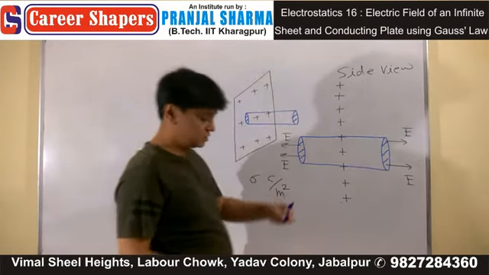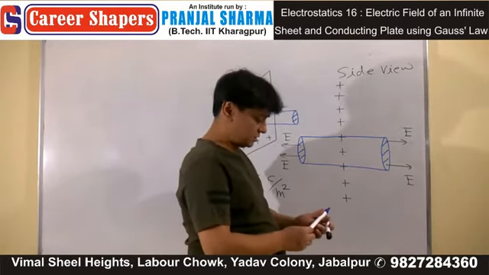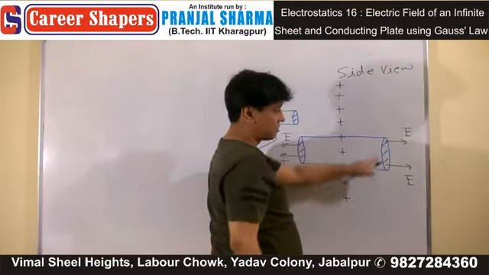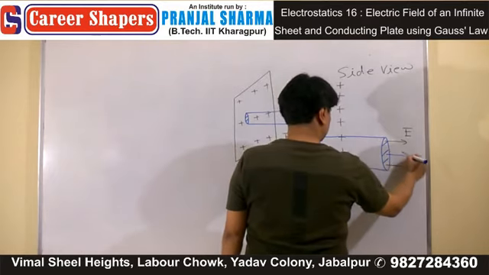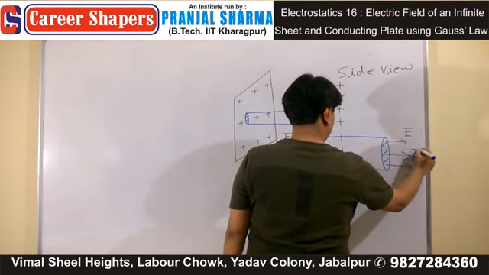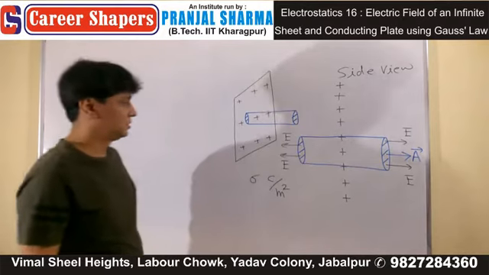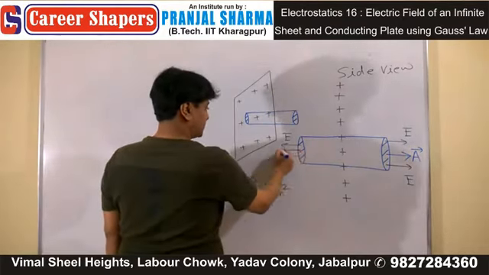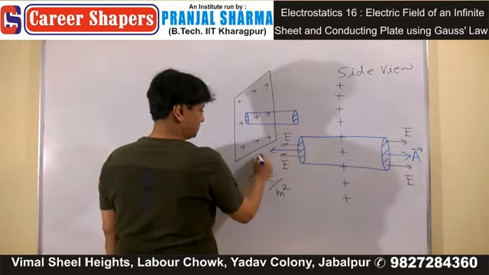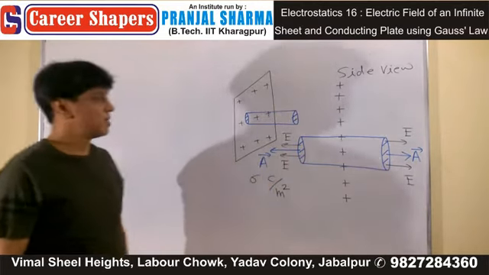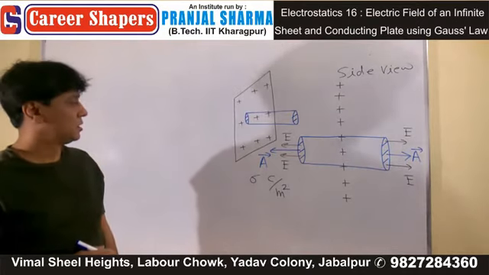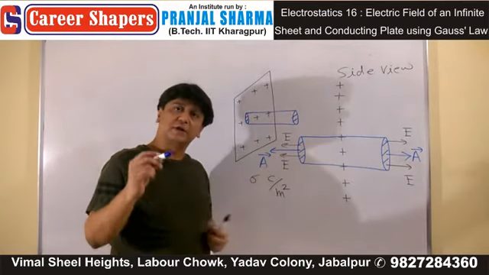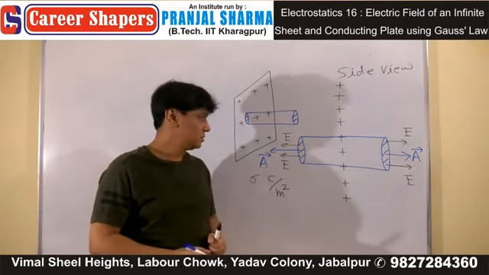Now, this is your electric field and this is the area vector. For this flat portion, this is your area vector A. If you are at this place, your area vector is in this direction. Area vector is always away from the closed surface. It is always along the outward normal.